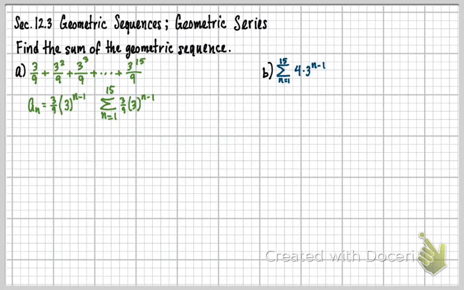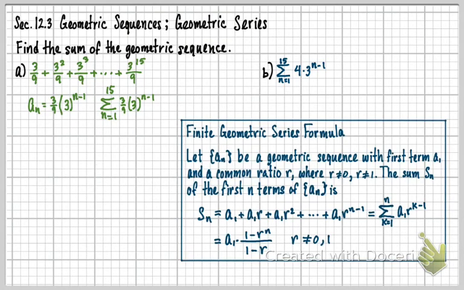And now looking at this formula here, it says let a sub n be a geometric sequence with first term a1 and a common ratio r, where r is not equal to 0 or 1.